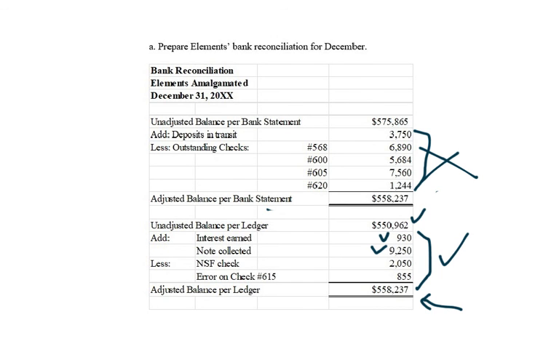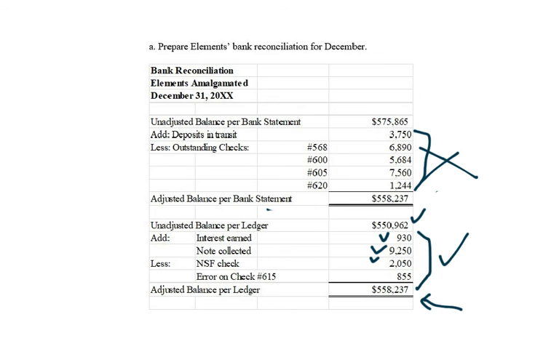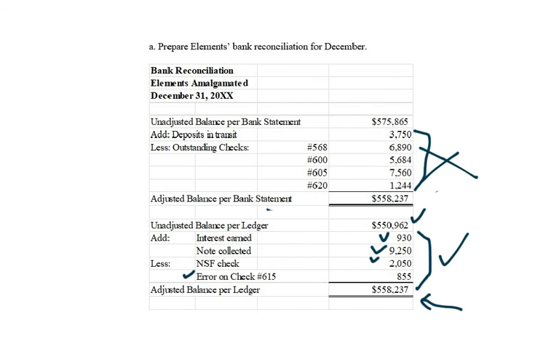Of course, next we have to subtract that NSF check from Fulgent Company. How's that going to look? We're going to reinstate Fulgent Company's balance for the full balance. They owe us now $2,050, not just $2,000. So debit that and then credit cash in bank for the $2,050. And then lastly, if you remember the error here, what was the notation? It was related to payment for a new piece of equipment, so that'll give you some clues to how to handle it.